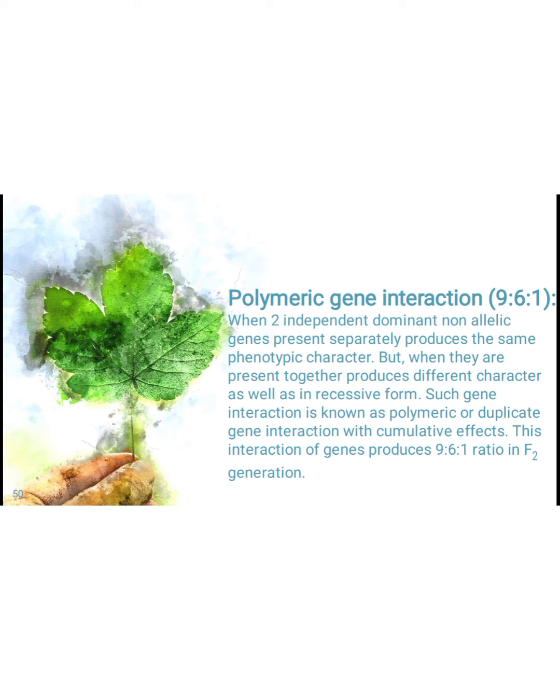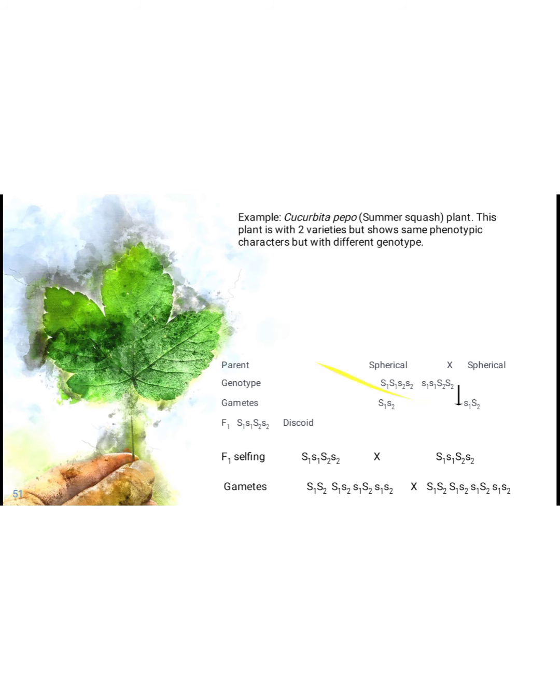But when present together, they produce a different character as well as a recessive form. Such gene interaction is known as polymeric. Poly means many, meric means morphological characters.